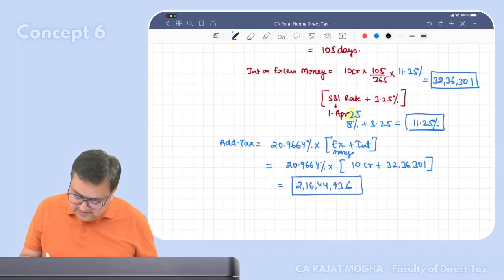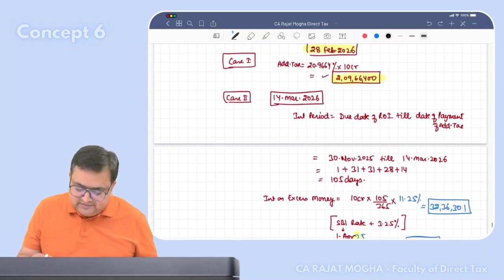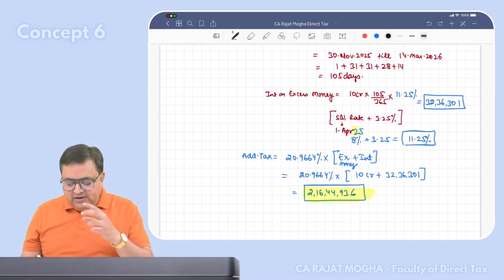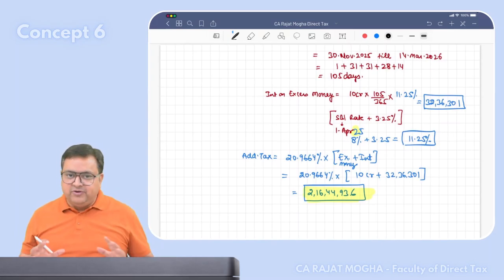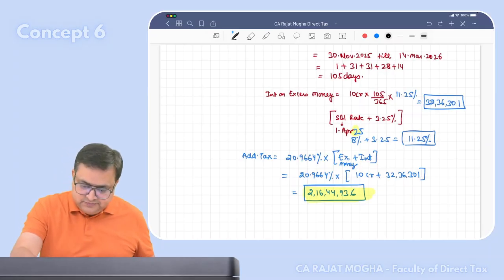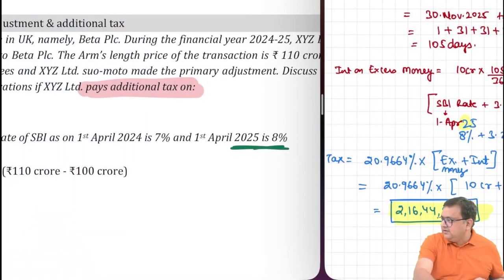This is the additional tax, right? So without interest, the additional tax was 2 crore 9 lakh something, and with interest, the additional tax is 2 crore 16 lakh. I believe that you got it. This type of questions are important for examination purpose. Easy. Let me check whether my calculation was correct.